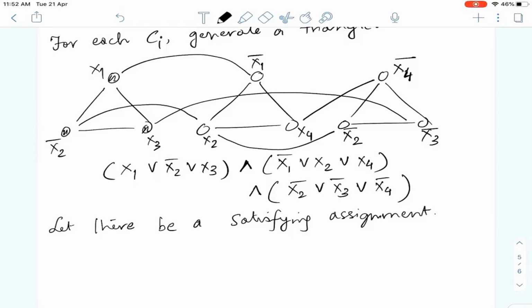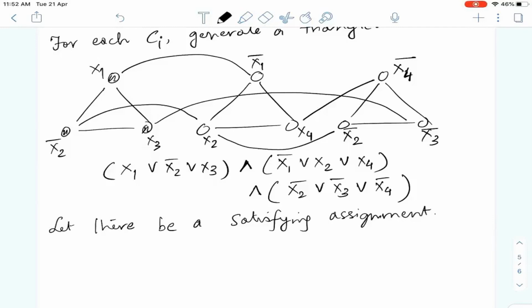Let's say I look at C1. I know that some literal in C1 has been set to 1. Now I come to my graph. I know that there is a vertex labeled with this literal, so I just include that vertex in my independent set.